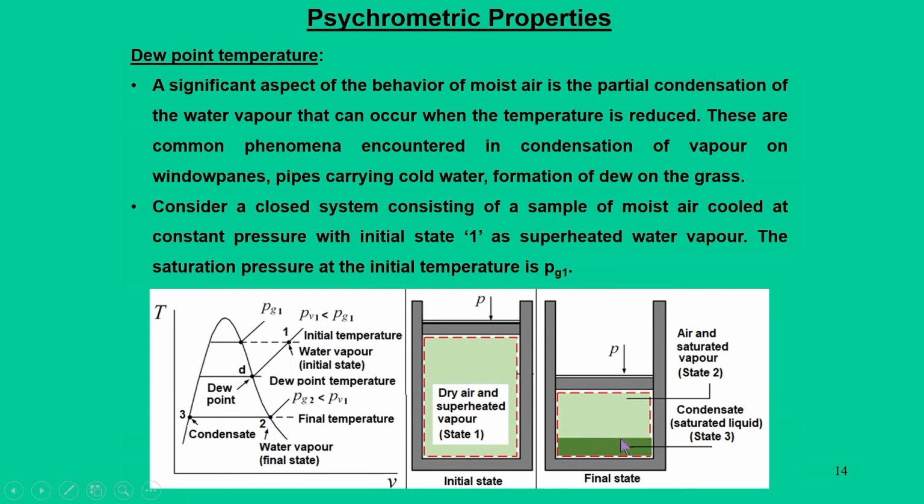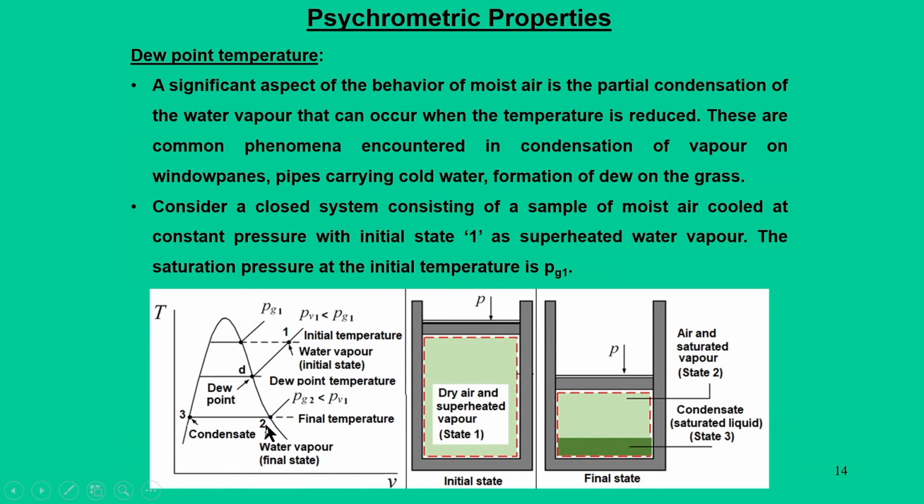The other is that we will have some condensed saturated liquid at the bottom. This point is denoted in the T-V curve as point 3. Basically, the 2 to 3 process is a constant temperature process where cooling happens, but here there is a phase change. The water vapors change phase and become liquid.